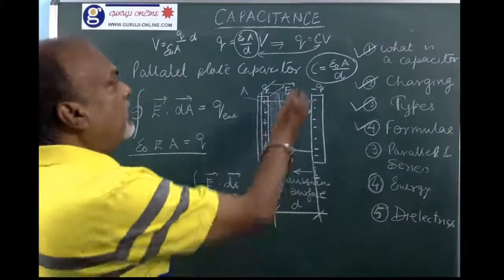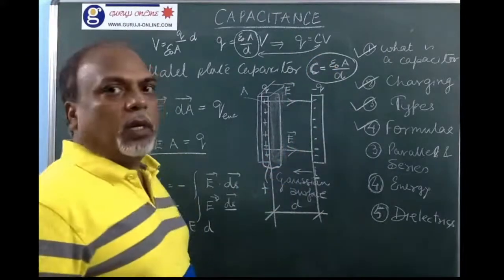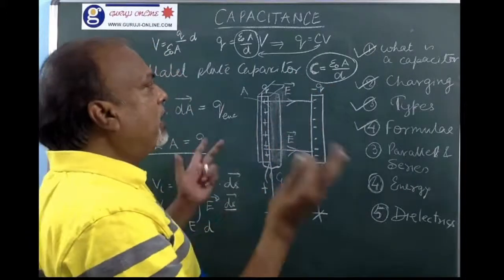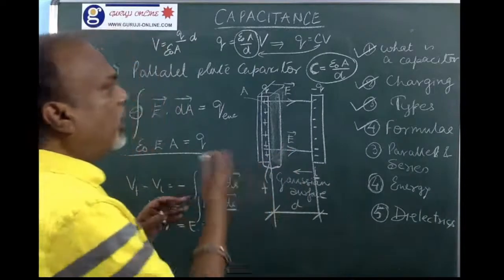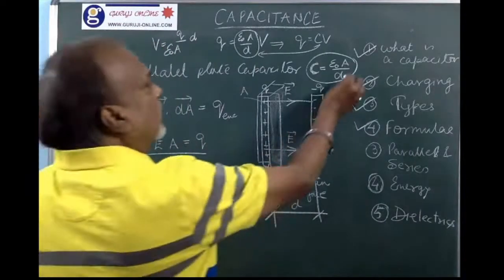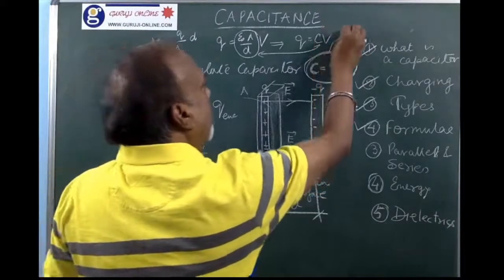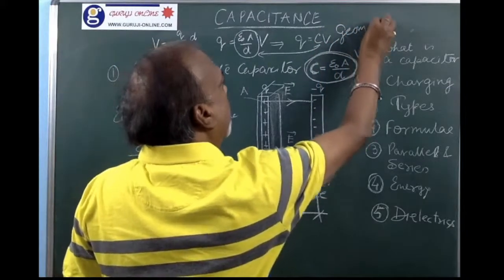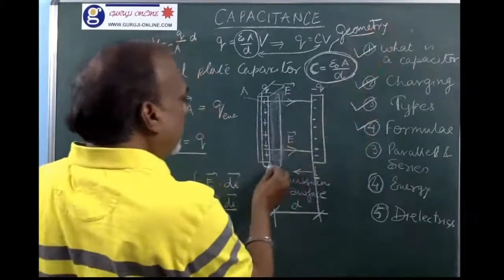So this is the formula valid for parallel plate capacitors, and it does not depend on any Q or it does not depend on any V. It is independent of all those factors. So it depends only on the geometry of the capacitor, means distance and area.